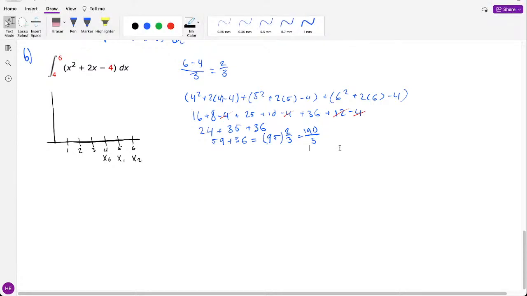That's interesting. Okay, I'm gonna write it in green so that we know it's separate. So what they did was they took the antiderivative of that function. So x cubed over 3 plus x squared minus 4x.